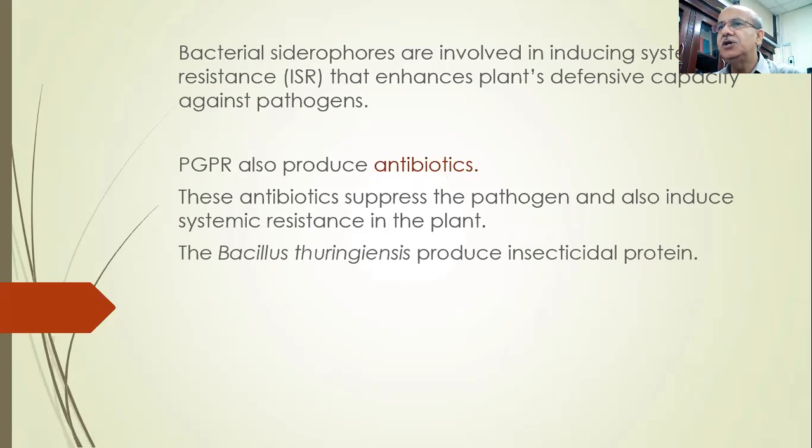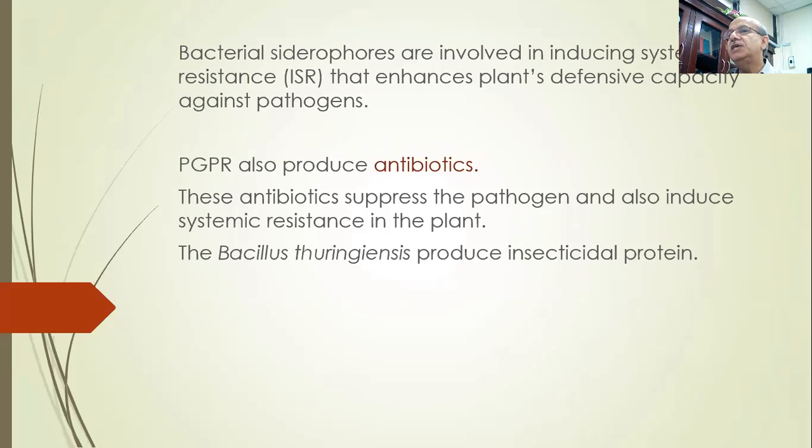What happens in the BT cotton is that the genes present in Bacillus thuringiensis are taken from those bacteria and inserted into the plants.